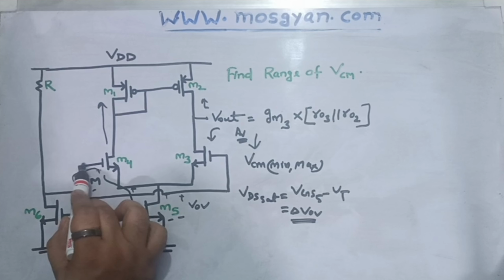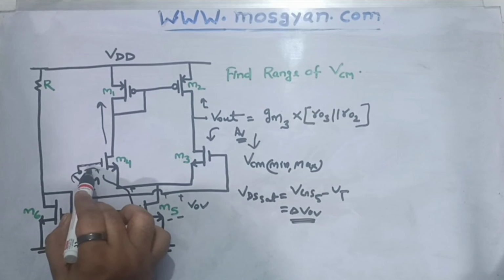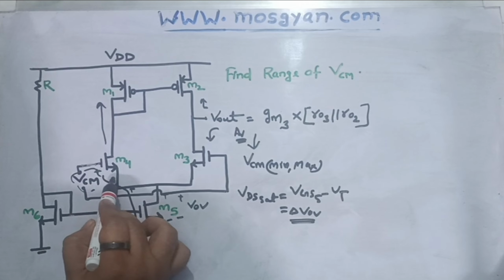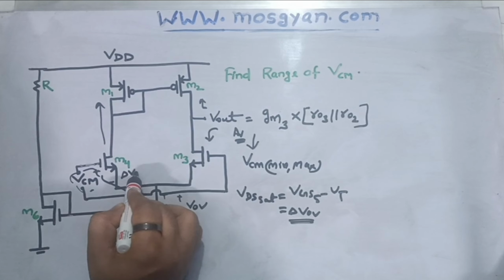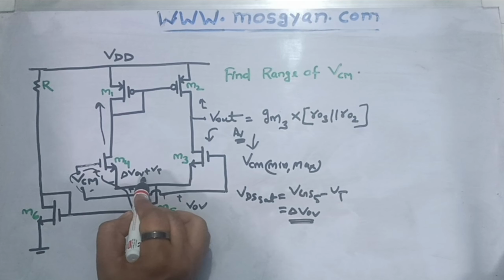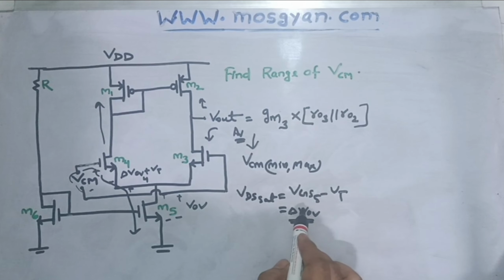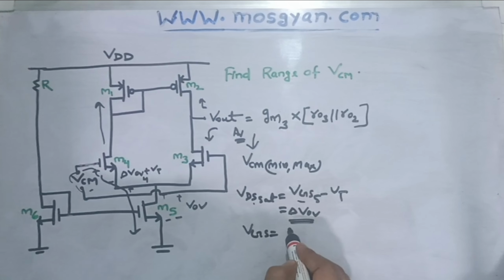But if we have to calculate the gate potential for this M4, this voltage VGS can be written as delta VOV plus VT. Delta VOV of this MOS M4 plus VT, right? That's what we have seen from here. VGS we have to calculate. So we can write, this term is basically delta VOV, VDS SAT. So VGS can be written as delta VOV plus VT.